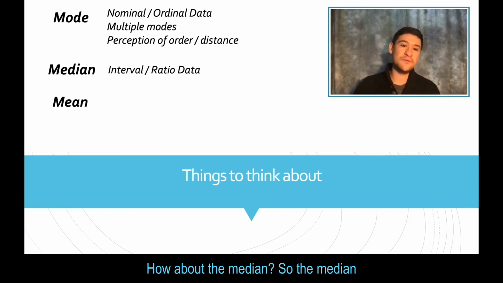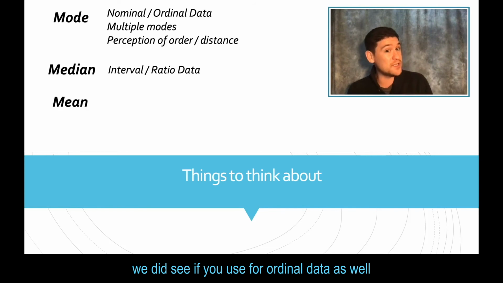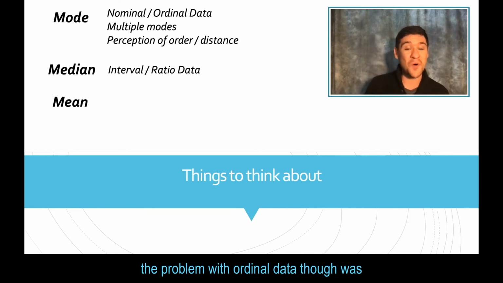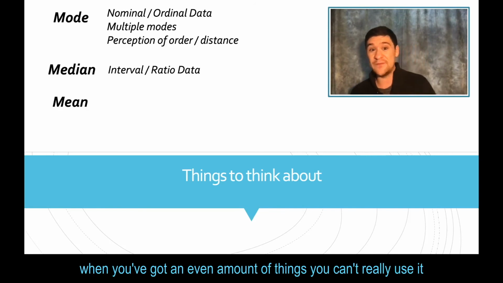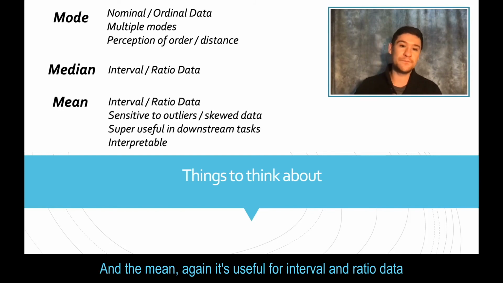How about the median? So the median was, again, useful for interval and ratio data. We did see it being used for ordinal data as well. The problem with ordinal data, though, was when you've got an even amount of things, you can't really use it. So it's useful for interval and ratio data, really. And the mean, again, is used for interval and ratio data.